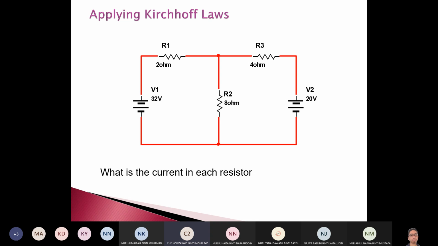Then, what is the equation for this voltage? What do you have over there?